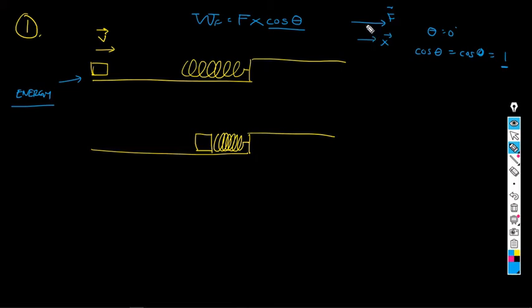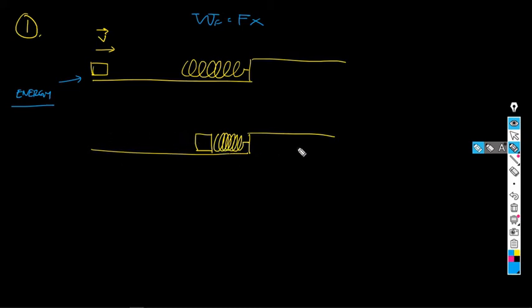So when the force and the displacement are parallel, we can actually erase this little part because this will be 1. So for simplicity, we will get away with this. Let's continue. So the box will do work on the spring, and therefore, as a consequence, the spring will compress.